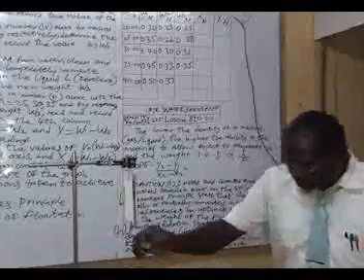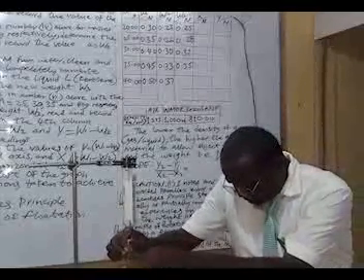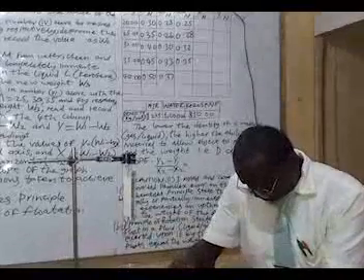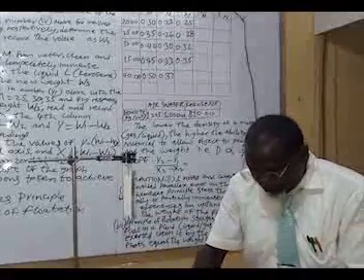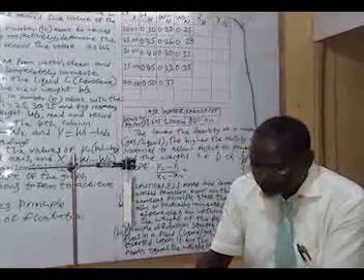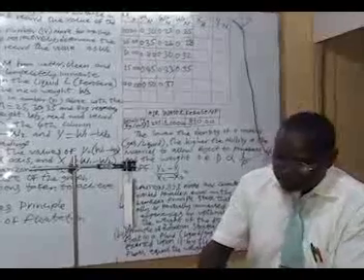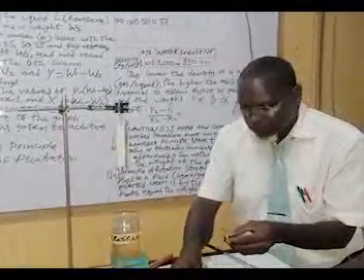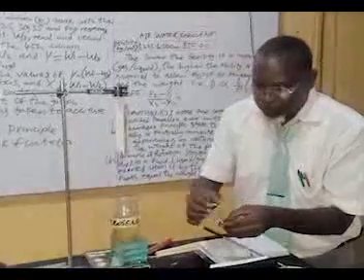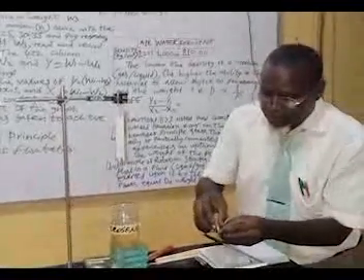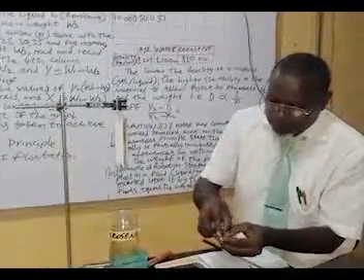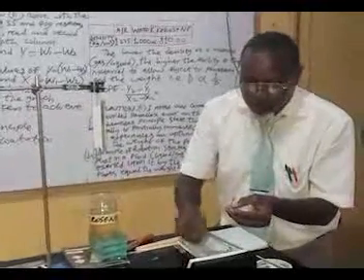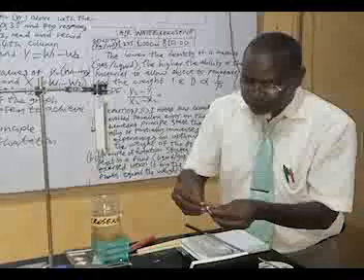Bring it out with two hands. Then remove the 5 gram masses, three 5 gram masses, and replace them with 20 gram together with the first 20 gram there. This one will now give us 40 gram.